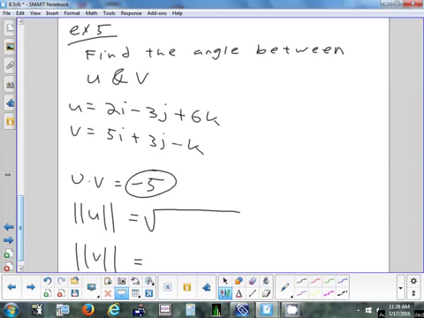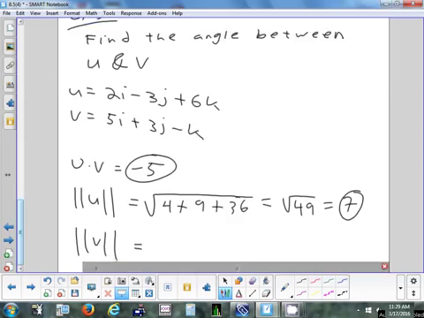Tell me the three numbers we're going to add and how we get those numbers. 4. How do we get the 4? You square the 2. What about the 9? It's the negative 3 squared, and the 6 squared. Square root of 49, which is 7. So the length of u is 7.